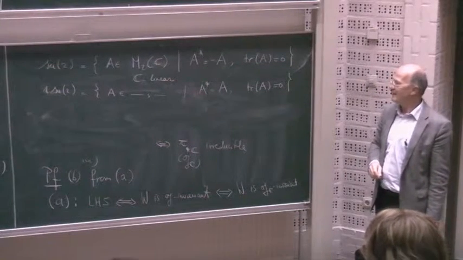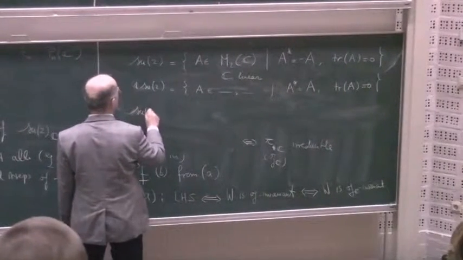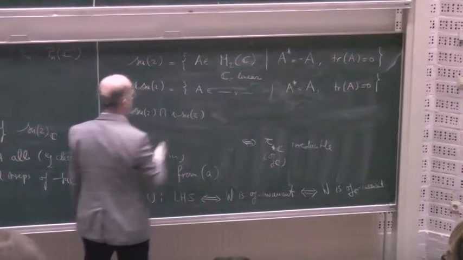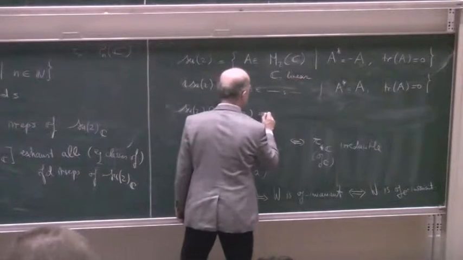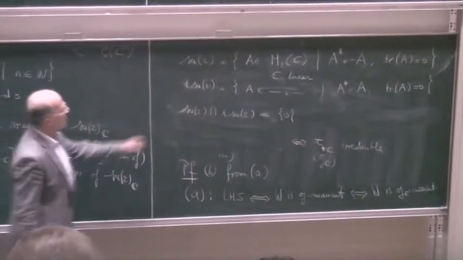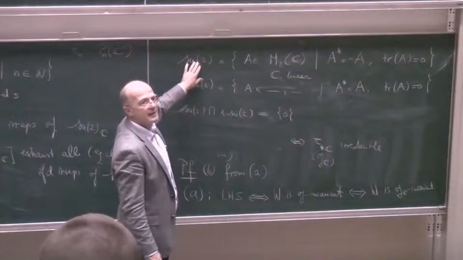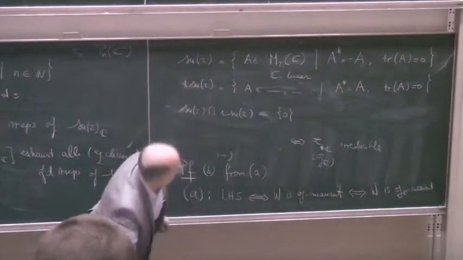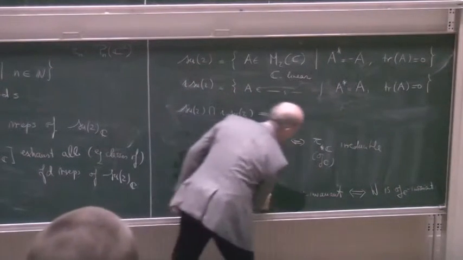Right? But this shows that su2 intersected with i times su2 inside that bigger complex linear space is trivial. And that means that the complexification of su2 is realized as a complex linear subspace here. And what is this complex linear subspace? Well, in fact, it's all of sl2C.